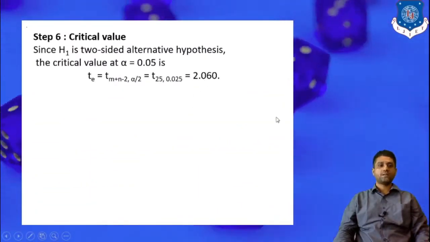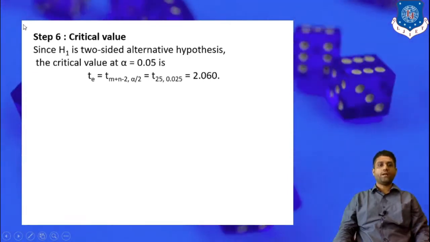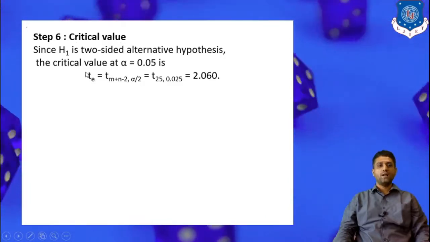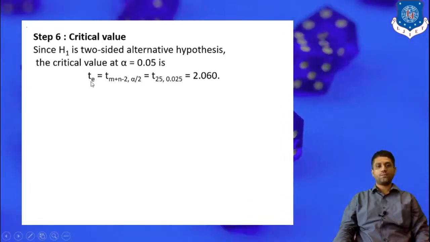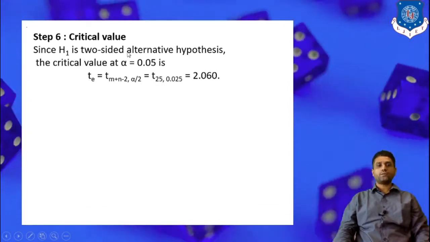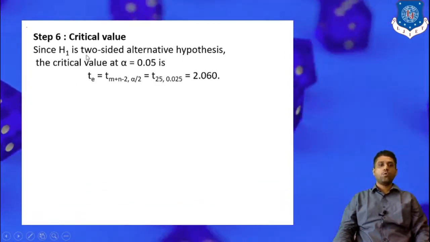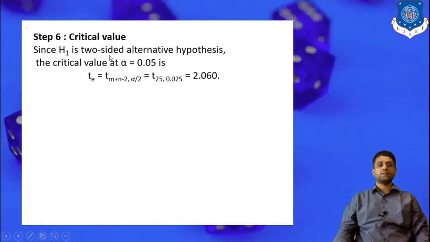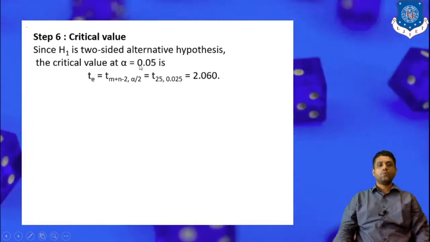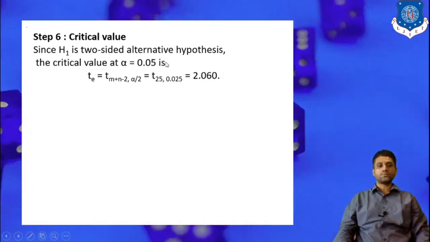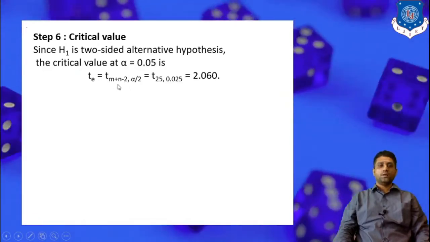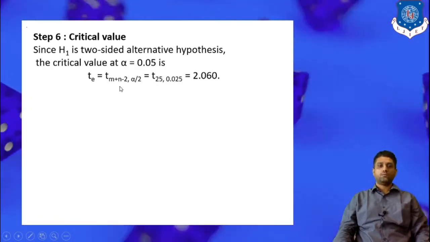So step number 6, we have to find the critical t value, that is the tabulated t value, sometimes also known as the experimental t value. So suffix e stands for experimental. Remember this is a two-sided alternative hypothesis, which we defined in step number 1, in the alternative hypothesis. Now we consider a 5% level of significance, and the degree of freedom, that is m plus n minus 2, is equivalent to 25.